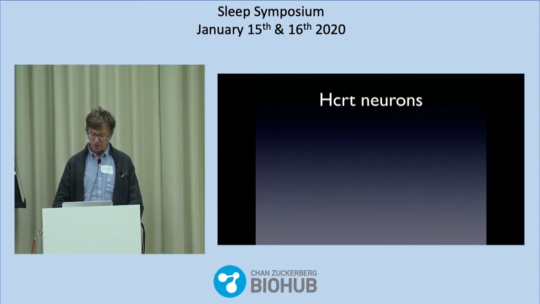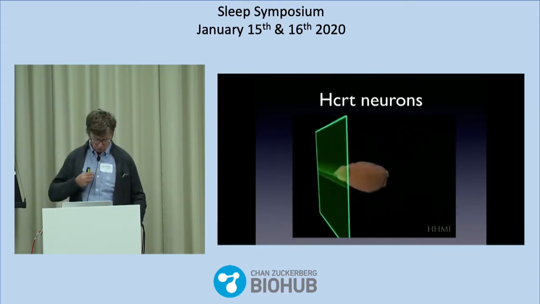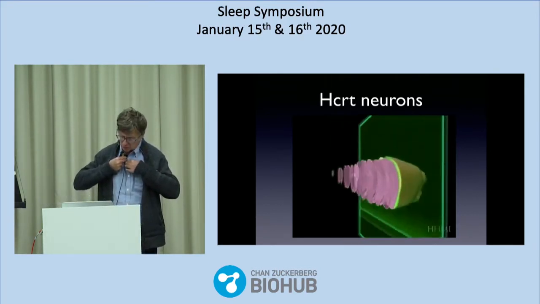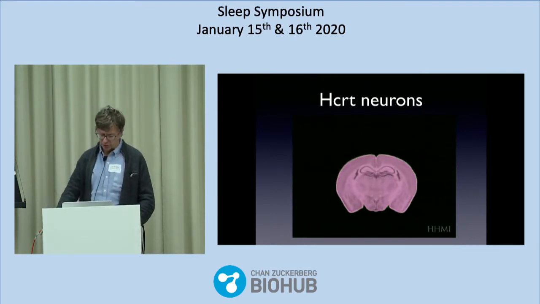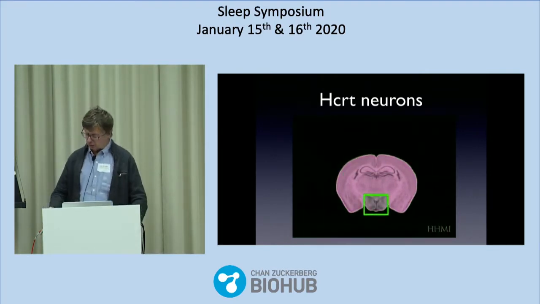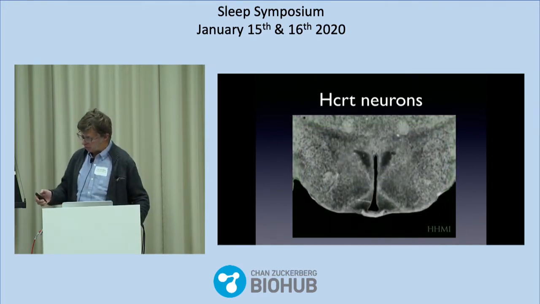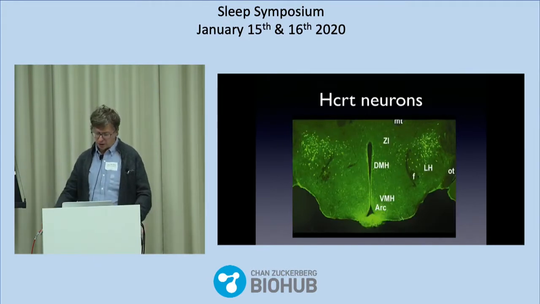Central to sleep continuity is the role of these neurons in the lateral hypothalamus that we identified 20 years ago, that we call hypocretin, also known as orexin. These neurons are localized in the lateral hypothalamus, only a few thousand of them, that innervate the entire brain.